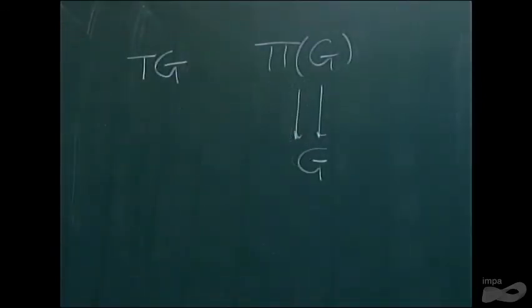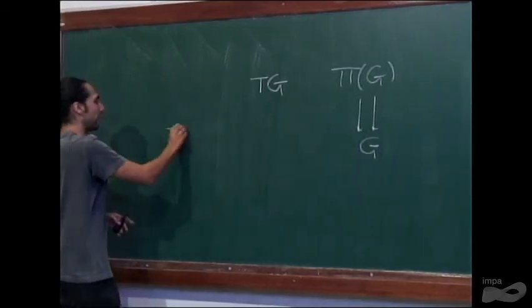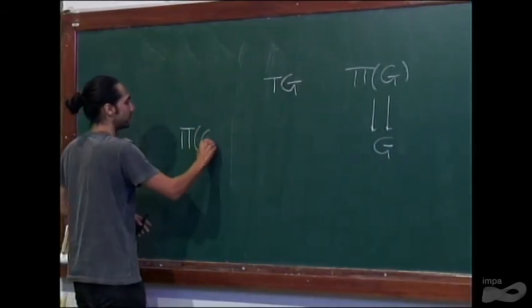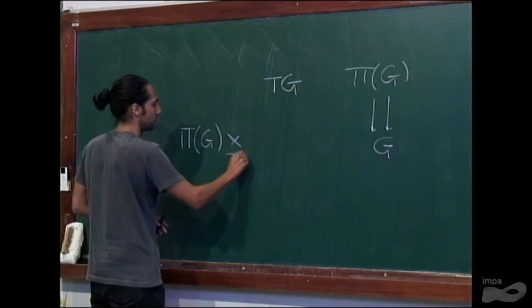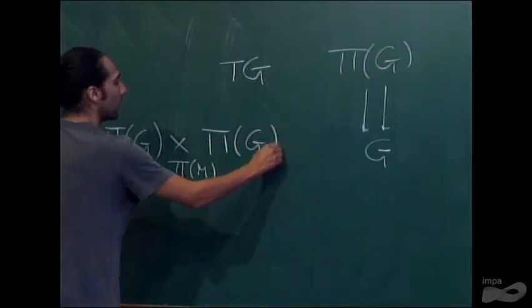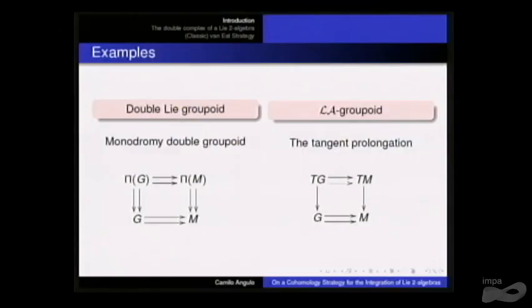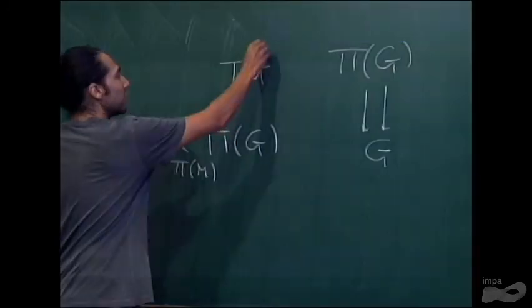In general, the multiplication should be defined on this, but instead what you start with is the composable pairs of this thing, which is TG squared.